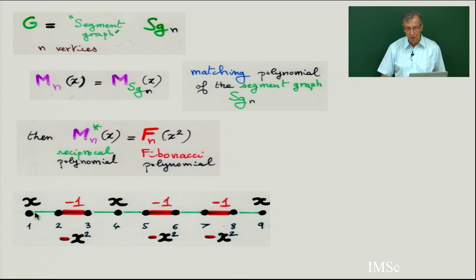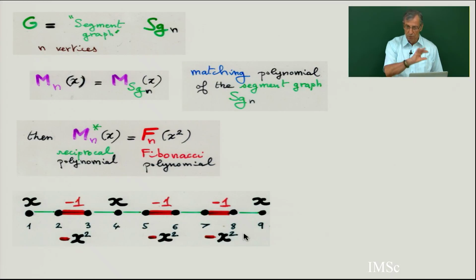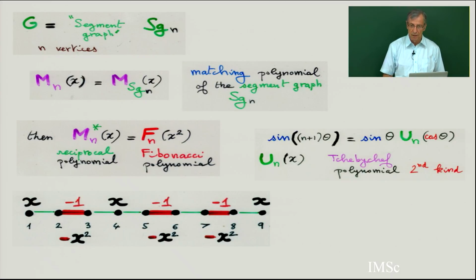Here on the top you have the weight of the matching, and here we have the weight of the reciprocal. When we defined the Fibonacci polynomial, each dimer was weighted by minus x instead of minus x2. So this is for the Fibonacci.